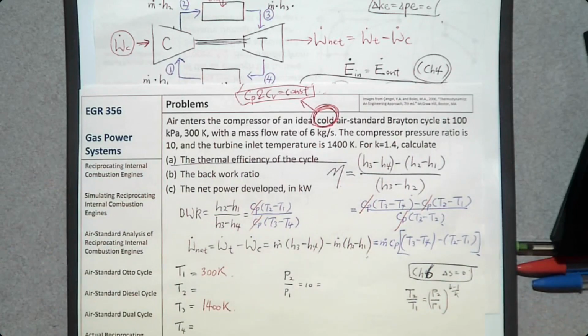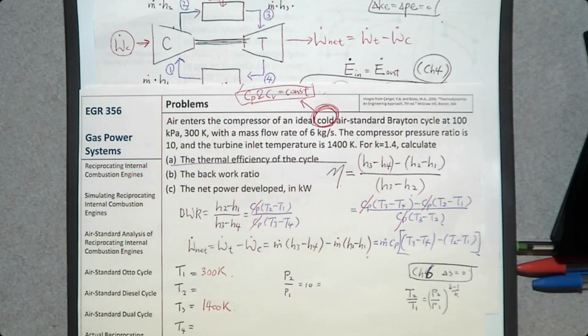Now you can use that equation because it's a cold air standard analysis. Whenever you have a cold air standard analysis, you can use this equation because the assumption for this equation is constant specific heat. Why didn't we use this simple equation in the previous Otto cycle and diesel cycle? Because they were not cold air standard analysis. They were just air standard analysis.